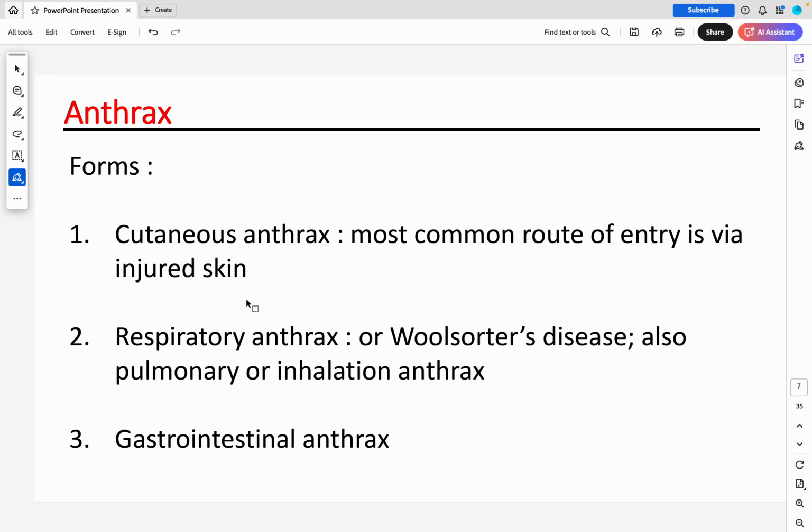Okay? So there are different forms of anthrax, and the three well documented ones are cutaneous anthrax, respiratory anthrax, and gastrointestinal anthrax.